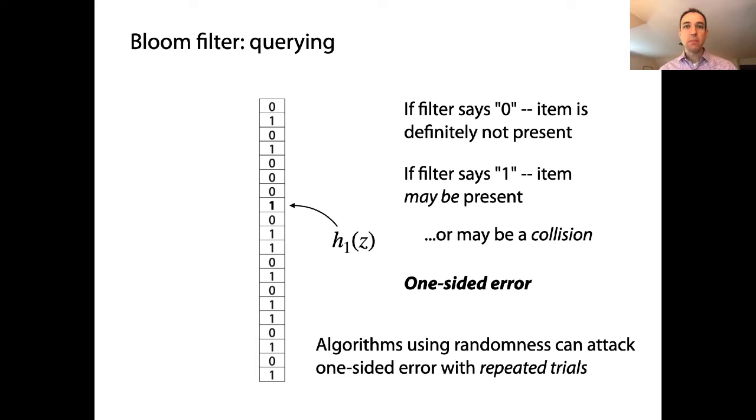Basically, if I see a 1 and therefore I'm not sure whether the answer is yes or no, I repeat the whole thing again with a new hash function and the answer is still 1, well, that makes me even more confident. If I repeat the whole procedure a third time with a new hash function and the answer is still 1, I'm even more confident. And on the other side, if I repeat the experiment with a fourth hash function and now the answer is 0, I'm sure the answer is no. So that's the magic of combining randomness with one-sided error.